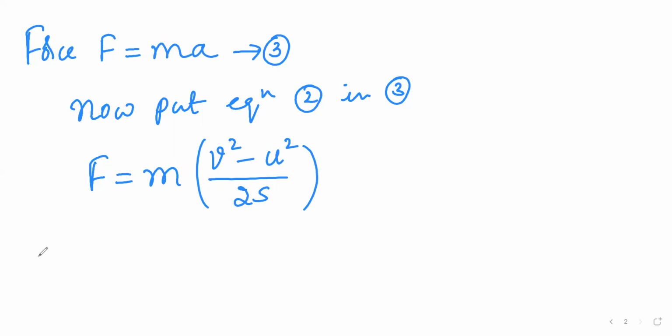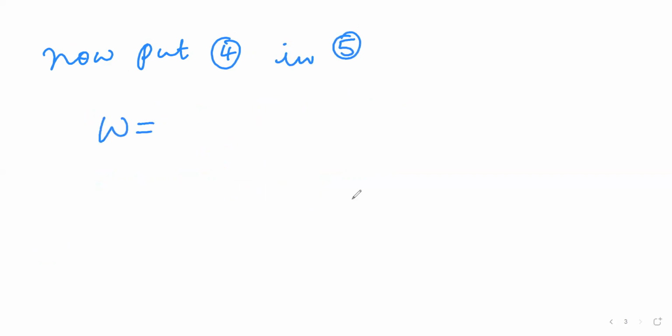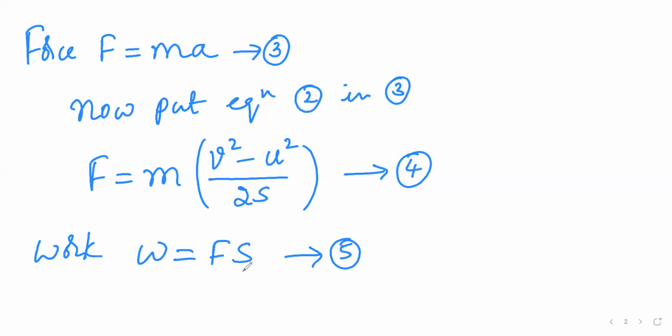Then from the definition of work, we'll call it the fourth equation, W equals Fs. So there is work done, right? So now put equation 4 in 5. We know that W equals F into S. But what is F here?